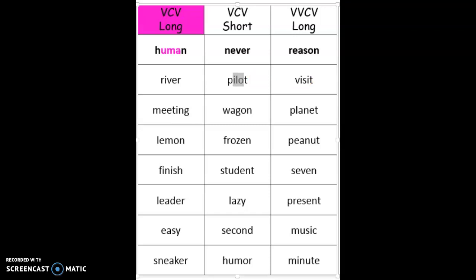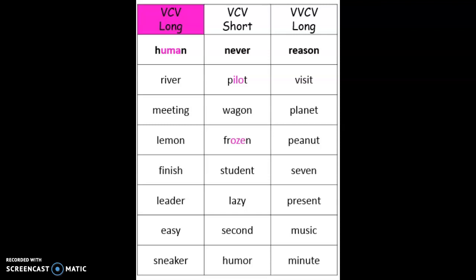So I am also going to highlight that for this category. Another word we have is frozen. I have my vowel, consonant, vowel, and it's a long vowel sound. So I'm going to highlight that as well.